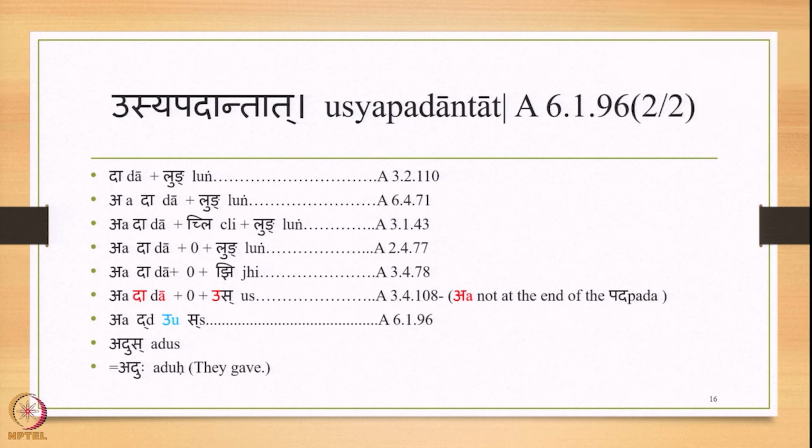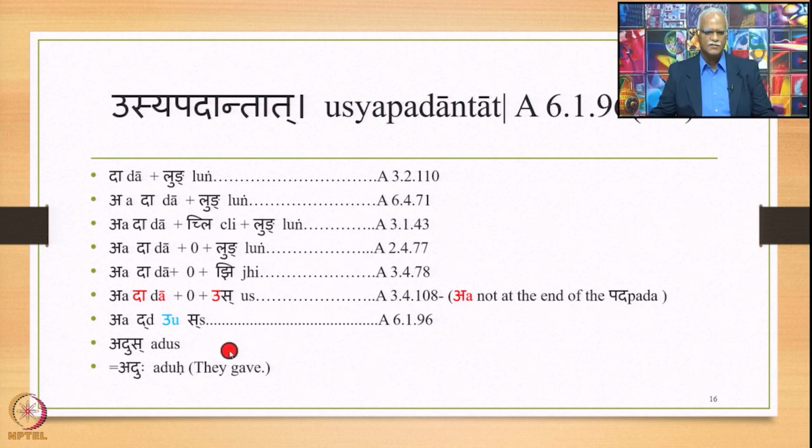So now here is the derivation process. So we are deriving the form aduhu, which means they gave. This is derived in this particular fashion. We have the verbal root da, to which is added lung.